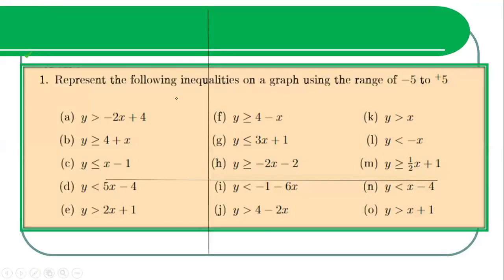So I'm going to put it here now. Make sure you have the negatives on your graph. Okay, then I'm going to come and write.